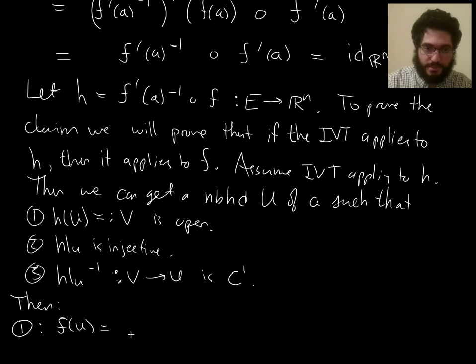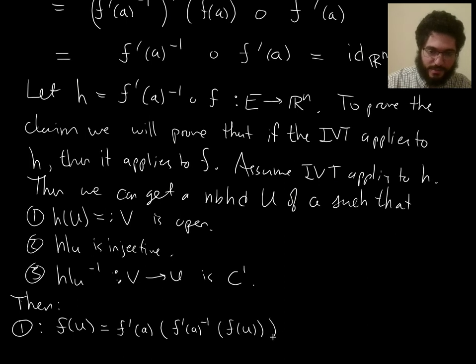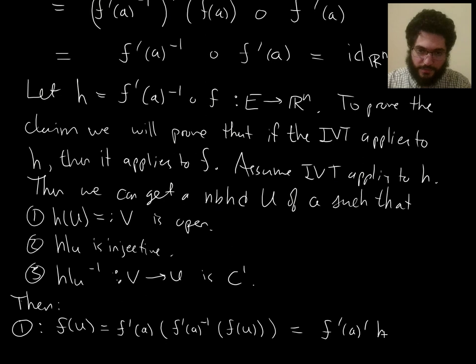So f of u must be, let me just do this, take this linear map, f prime a, and apply it to the inverse of f prime a of f of u. Okay, so I took this set and I applied an invertible function, and then I applied the inverse of that invertible function. So I get back to the same set, right? And then on the inside here, what you see is h of u. So this is f prime a of h of u.